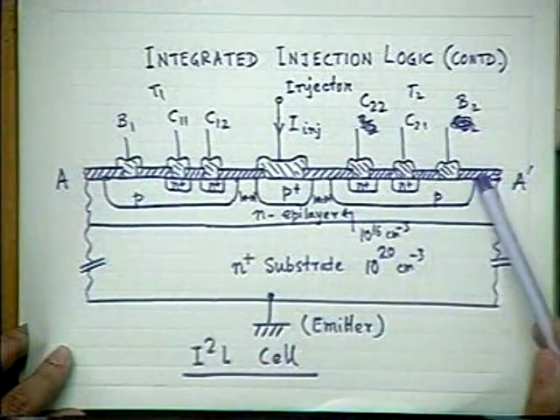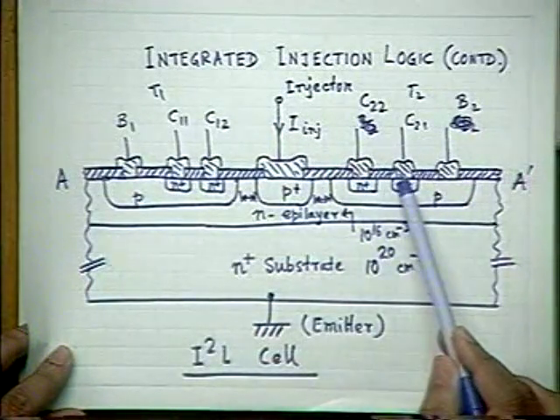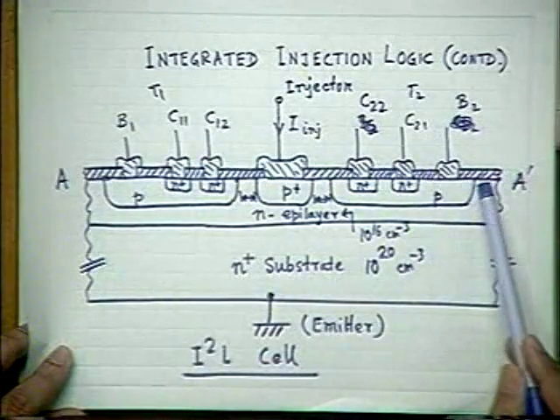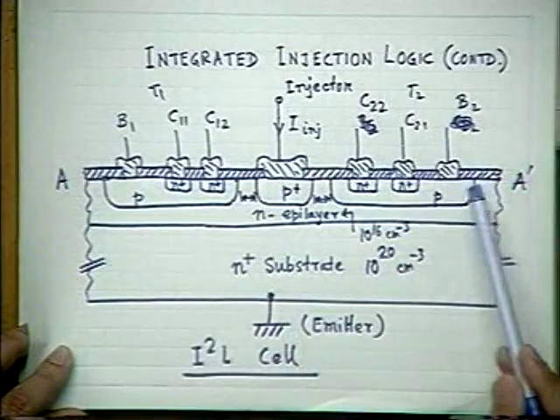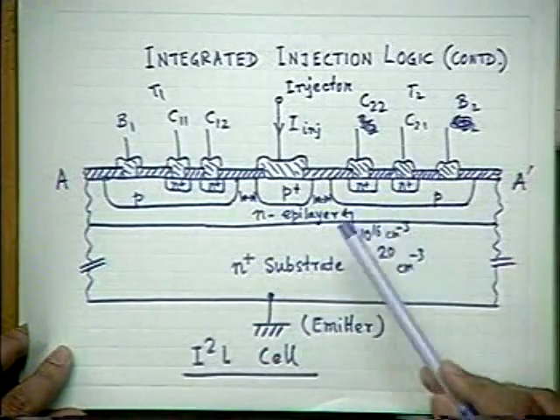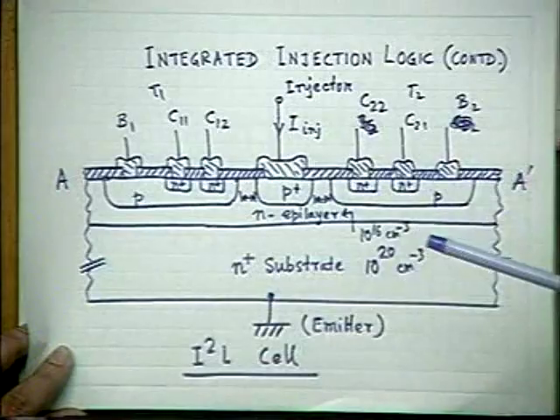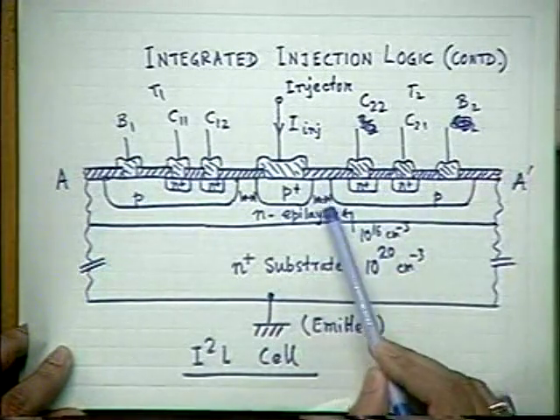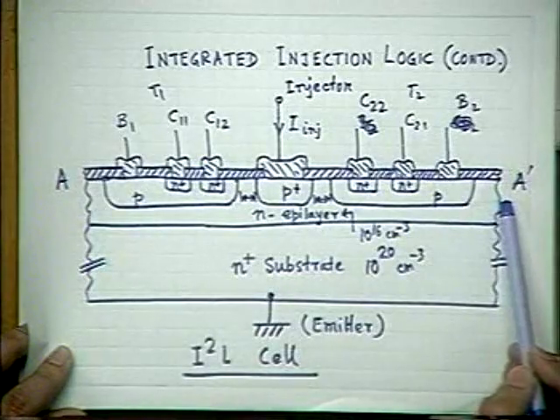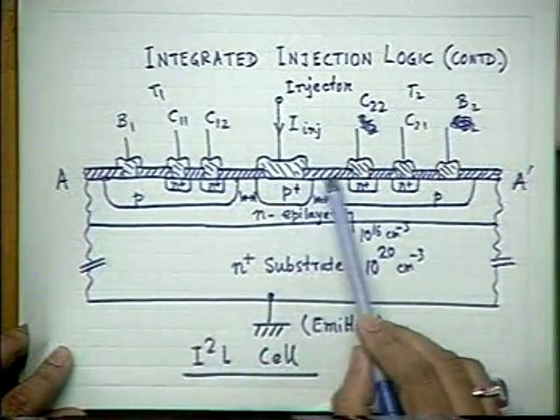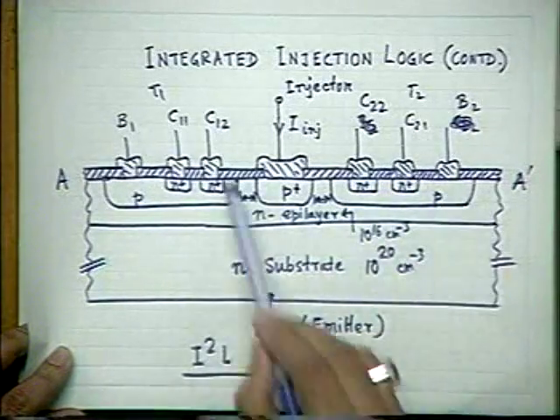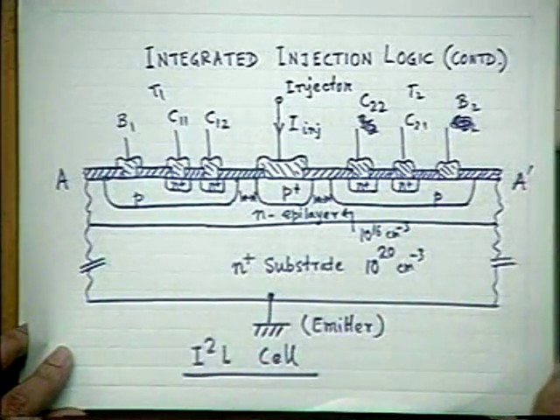Another thing I also mentioned is that the emitter is a very wide area compared to the collectors, whose areas are very small. So when the emitter is forward biased during the saturation region, when emitter as well as collector are both forward biased, a lot of carriers are injected into the entire region, which comprises not only the intrinsic base but also the remaining base, called the extrinsic base.